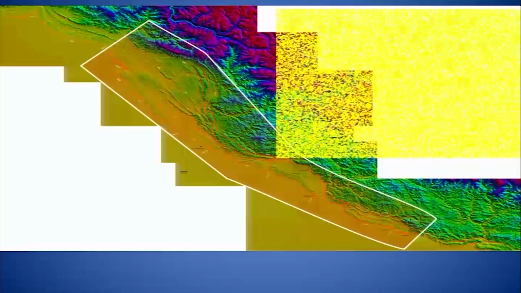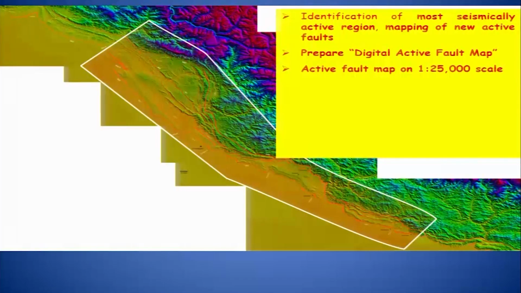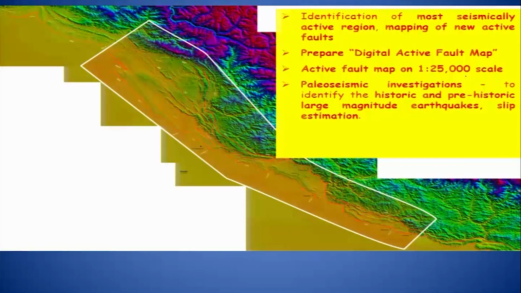So what we are doing is trying to identify the active faults in the regions, that is the central and the northwestern portion of the Himalaya, to prepare a digital active fault map, and we would like to emphasize preparing the map at the scale of 1:25,000. So a high resolution map.